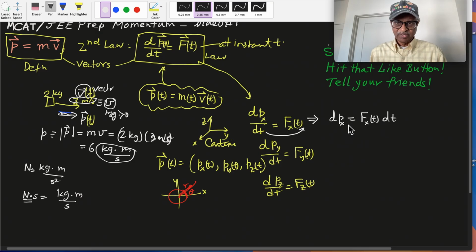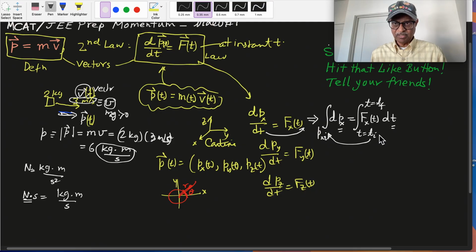So I can integrate to get an integral form of this. If you integrate from t equals some initial time to t equals some final time, the values of this at those times will be these limits.